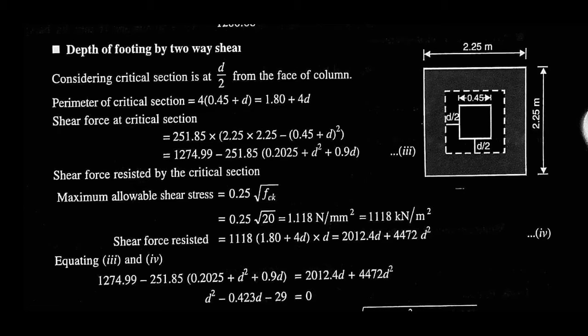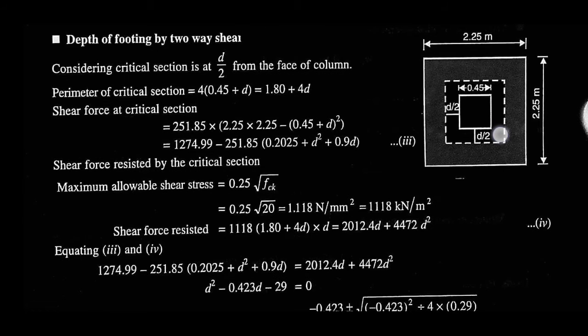Now shear force resisted is tau c, that is 0.25 root over fck, the value is 1118 into 1.80 plus 4d into d, that is equals to 2012.4 d plus 4472 d square.